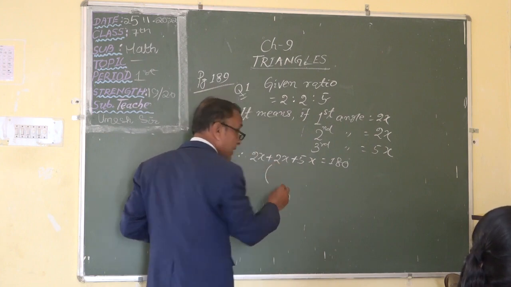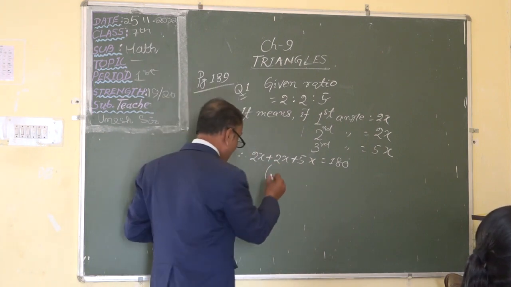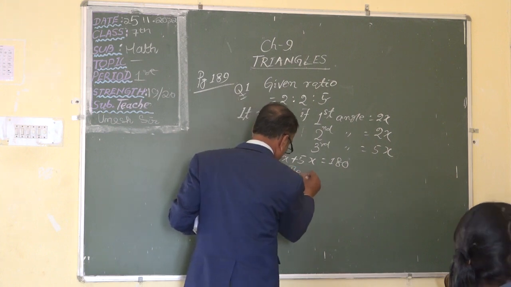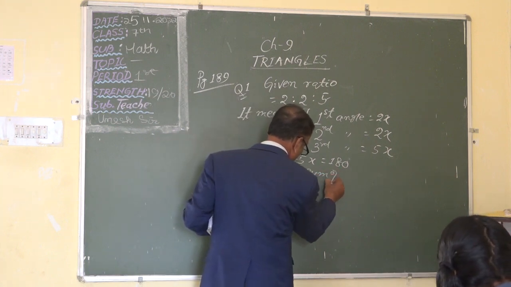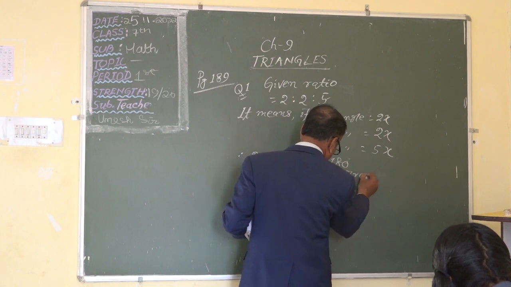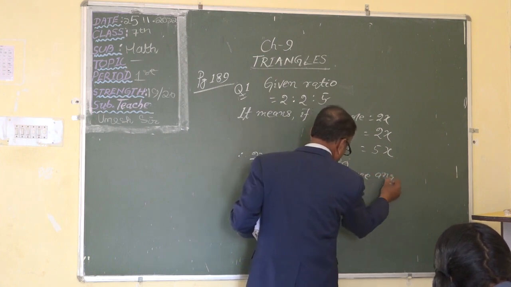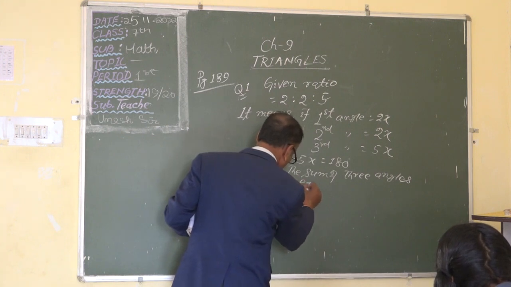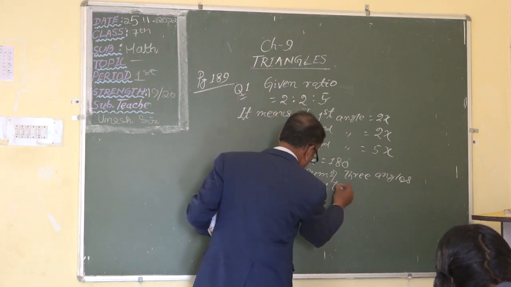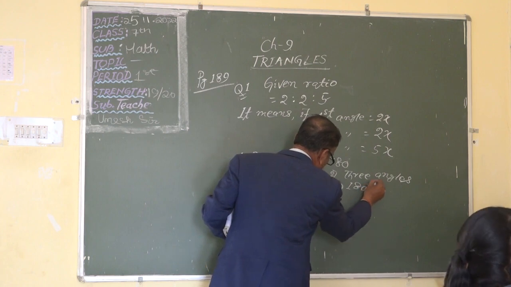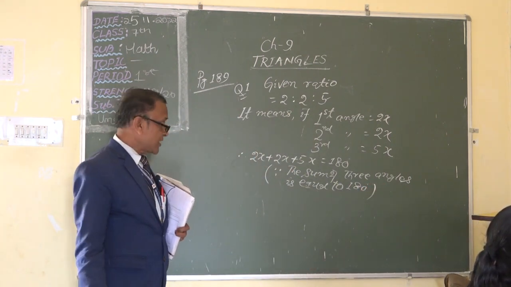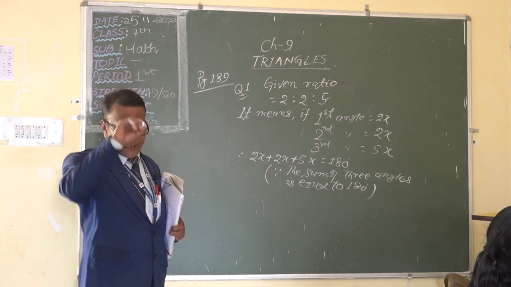Why? Also you will write the theorem: since the sum of three angles is equal to 180 degree, for this reason I wrote 2x plus 2x plus 5x is equal to 180 degree.